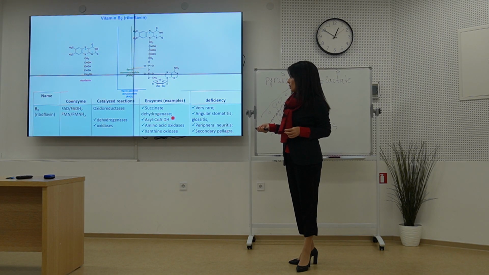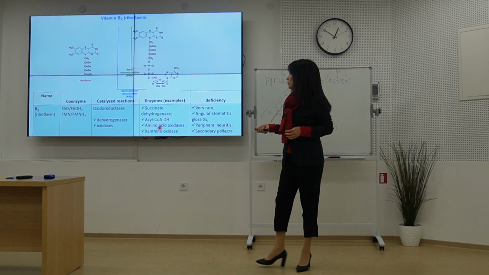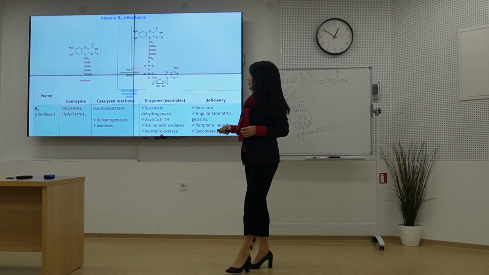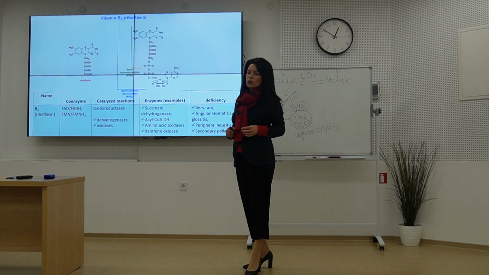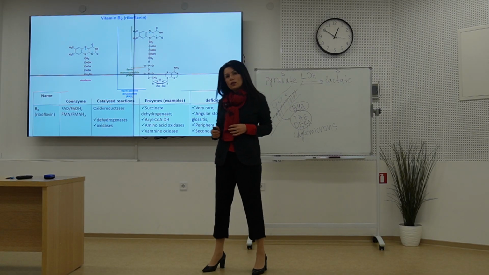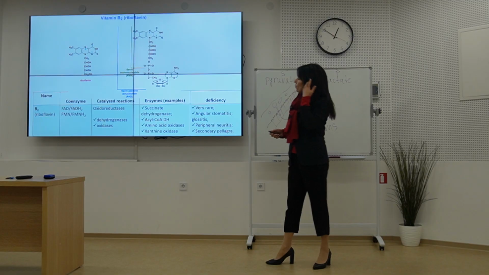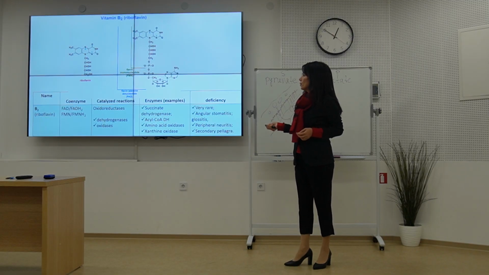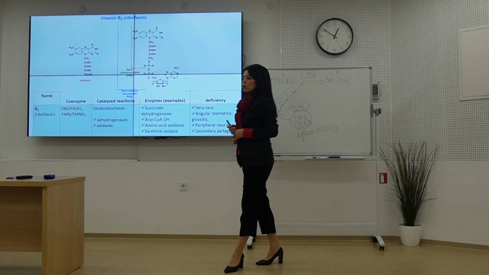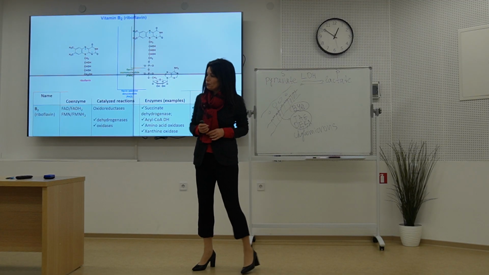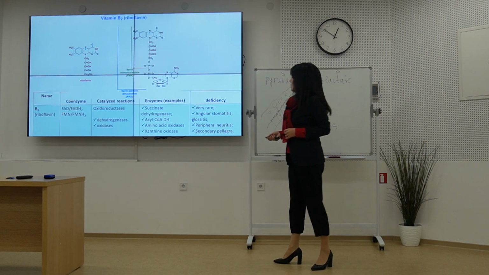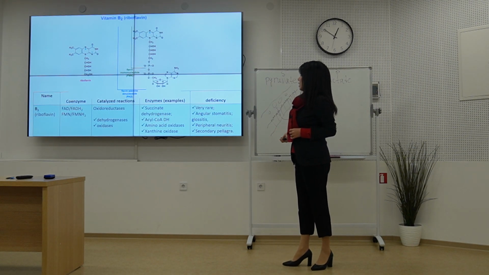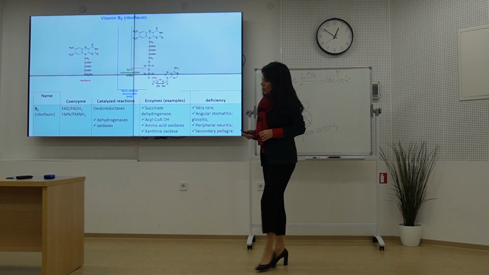Also, amino acid oxidases, xanthine oxidases, and some other oxidases can use these cofactors too. But mainly it is FAD. The most common reaction is succinate dehydrogenase, because we can find this reaction in the Krebs cycle. The deficiency is very rare, with angular stomatitis, glossitis, peripheral neuritis, or so-called secondary pellagra.